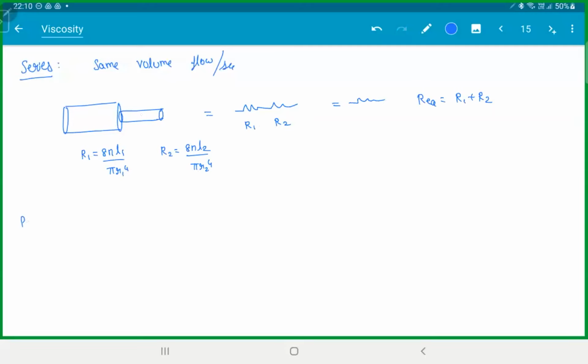For parallel, same potential difference, here it will be same pressure difference.